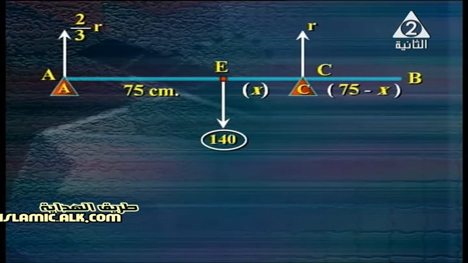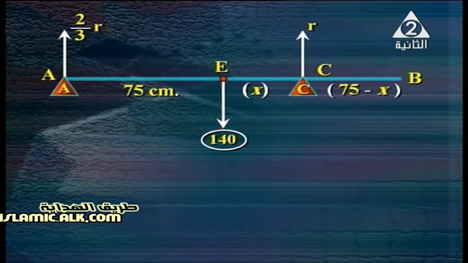Remember, dear student, we have two reactions. The first is 2/3 the second. Let the second reaction be R, the first 2/3 R. AB is 150 centimeter in length, and E is the midpoint of AB.